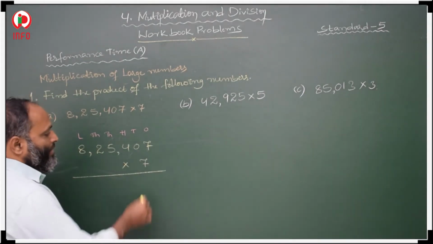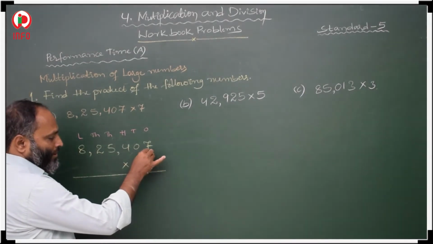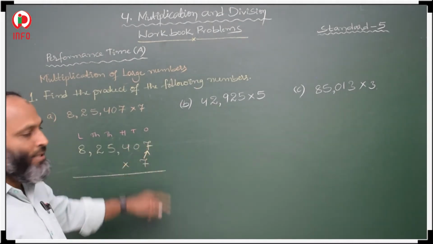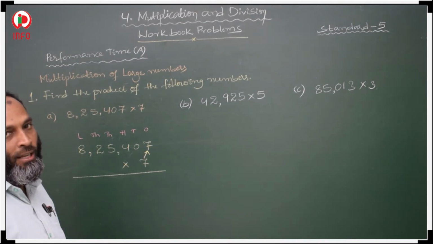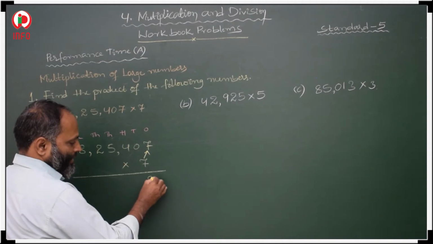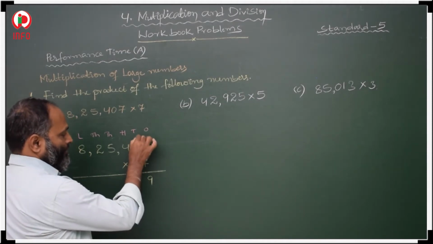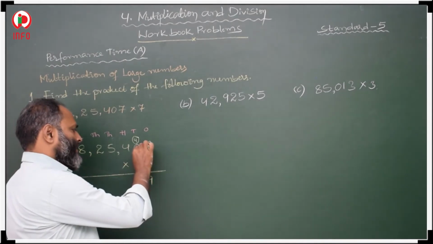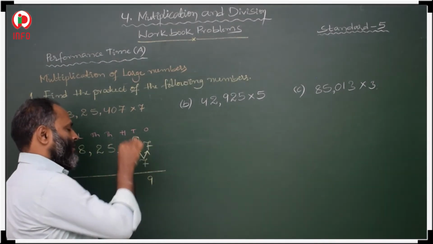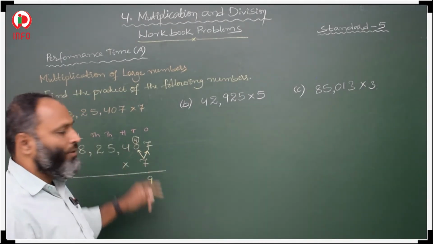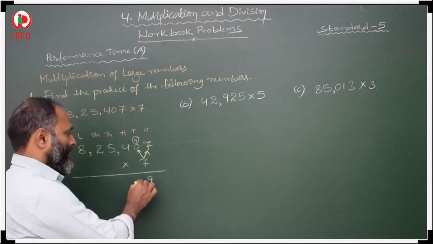First we start to multiply from the ones place. 7 sevens are 49. 49 means 9 ones, 4 tens. Then 7 zeros are 0. 0 plus 4 means 4 hundreds.